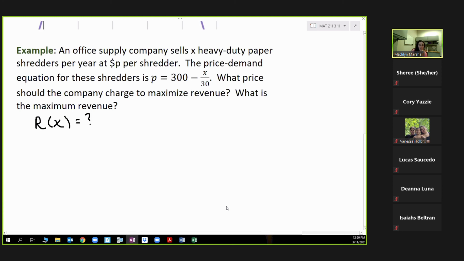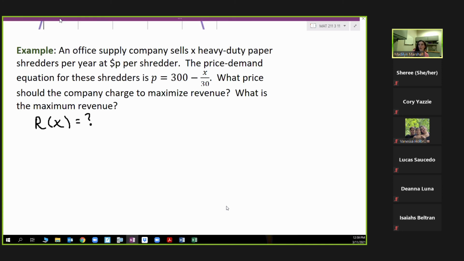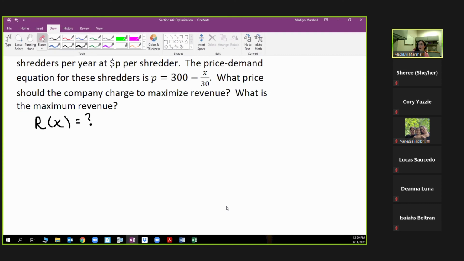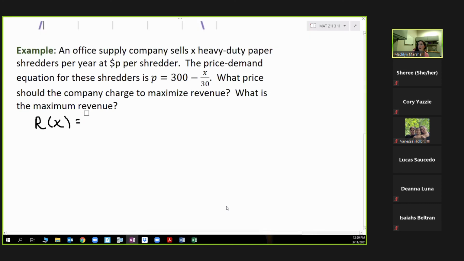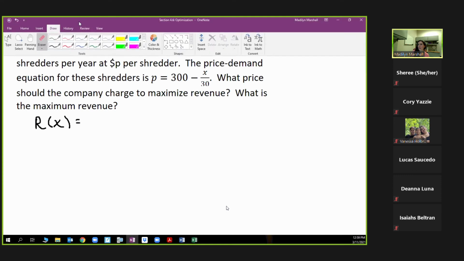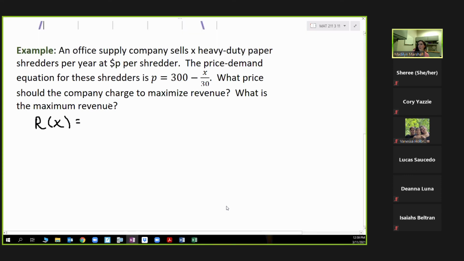So in order to find maximum revenue, we first need our revenue function. What is our revenue function? P times x.